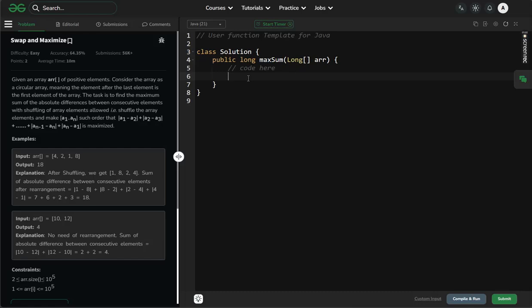Now we will note down the first sample input and see how we need to solve this problem. The first sample input is the array 4 2 1 8.